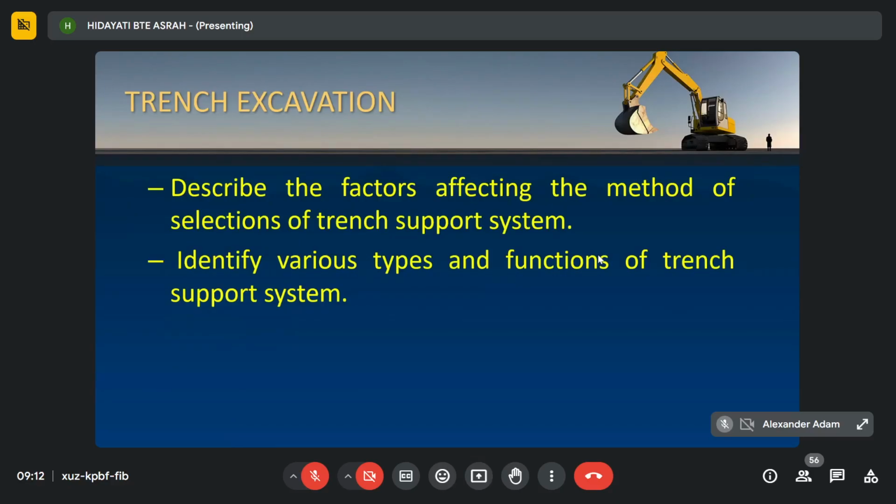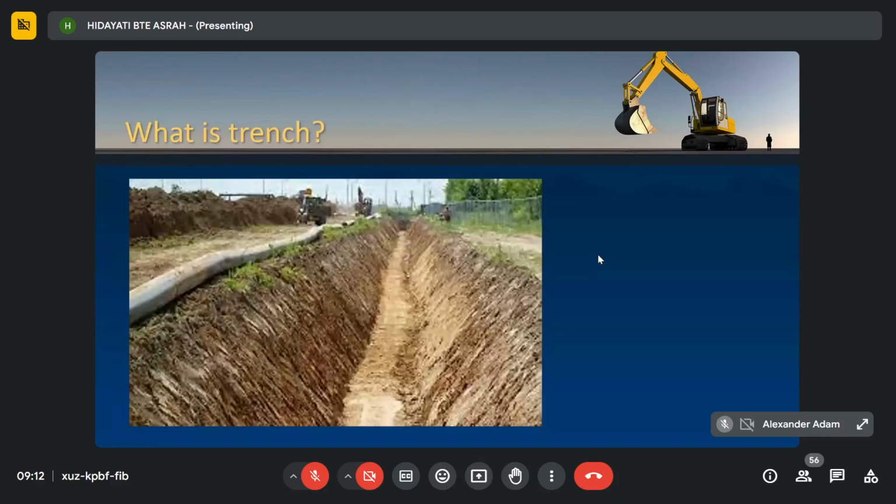So what is a trench? This is a picture of a trench. It is a type of excavation in the ground. You excavate the ground, and generally it is deeper and also narrow.